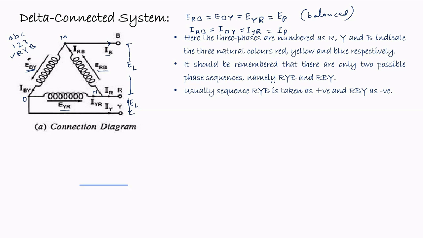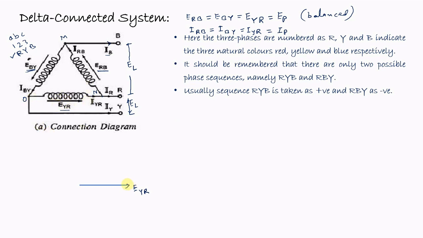In the first condition, let's say this is the voltage induced in the coil, that is O and N, that is EYR.